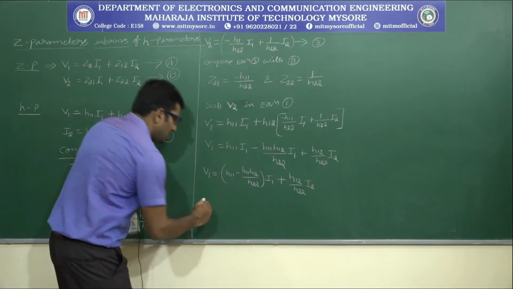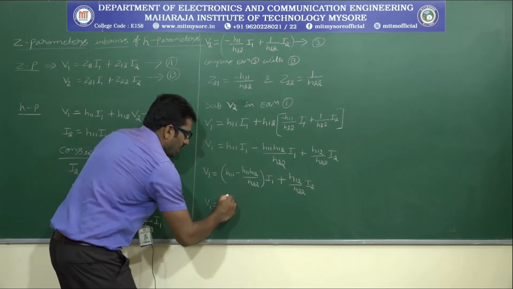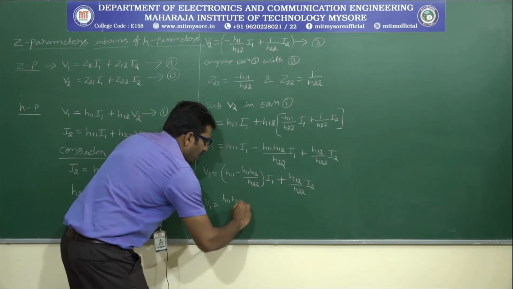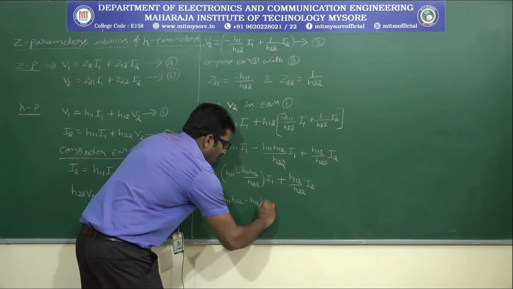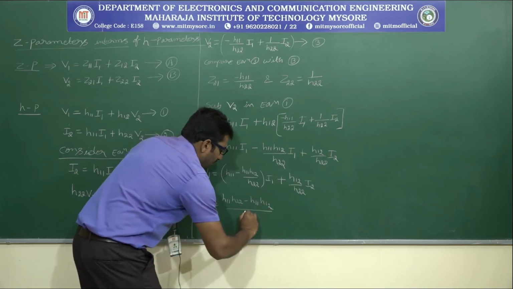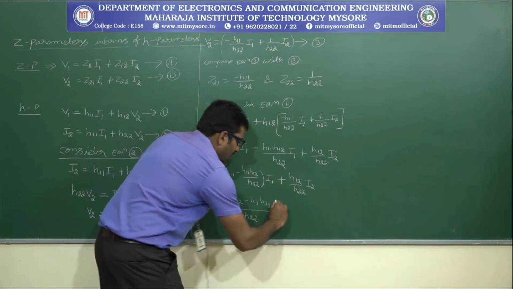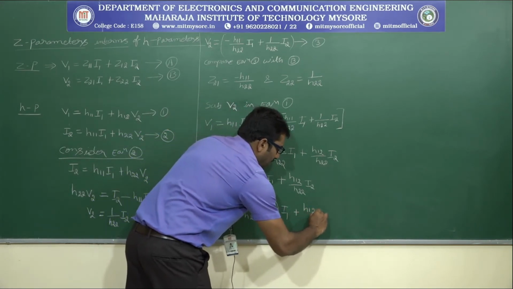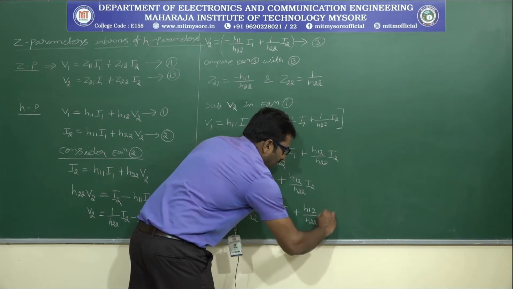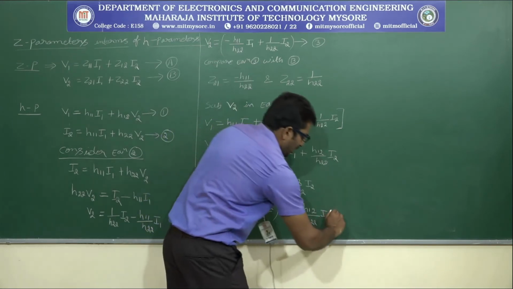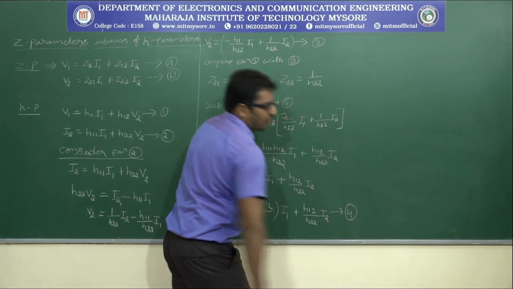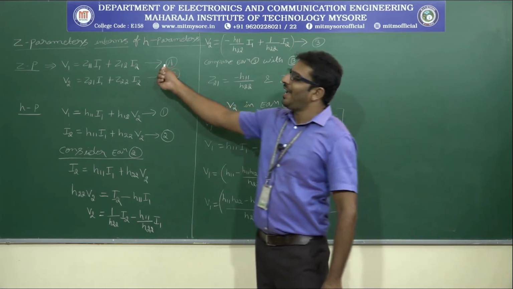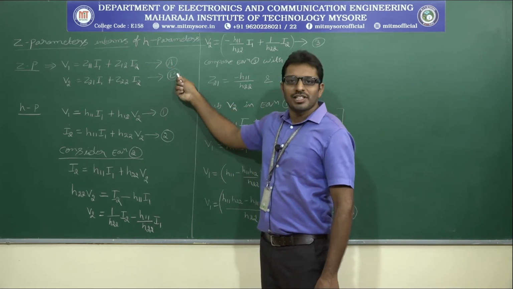Just simplify this equation. V1 is equal to, just take the LCM, H11 H22 minus H12 H21 whole divided by H22 into I1 plus H12 by H22 into I2, and call it equation 4. Now just compare equation 4 and A. We already compared with equation B, right?